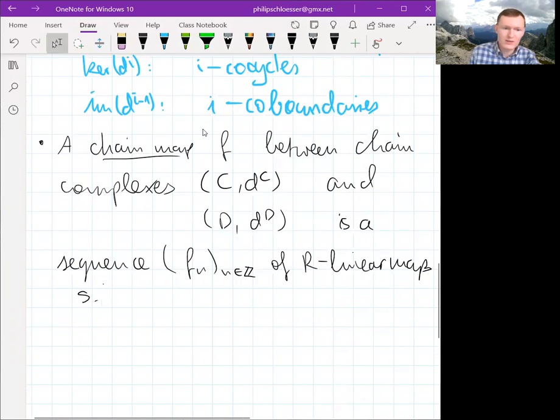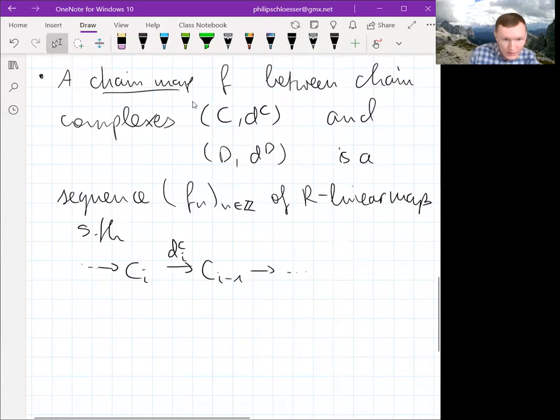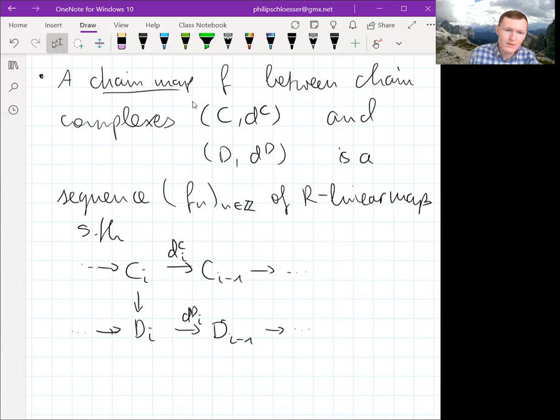Such that, well, if we look at this diagram, d^C_i, C_i, C_(i-1), and the one for the chain complex D, and we have those maps between them.